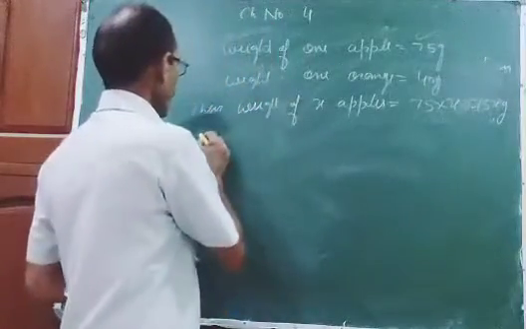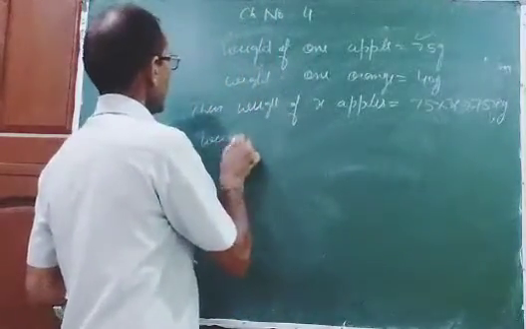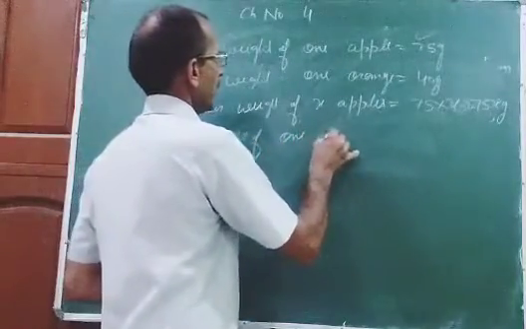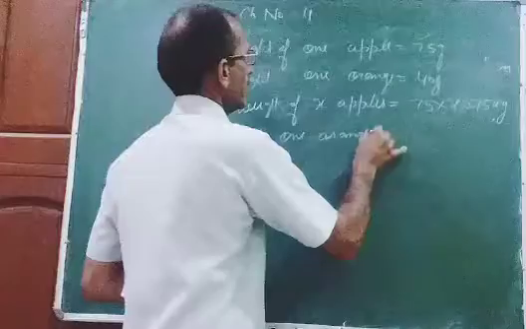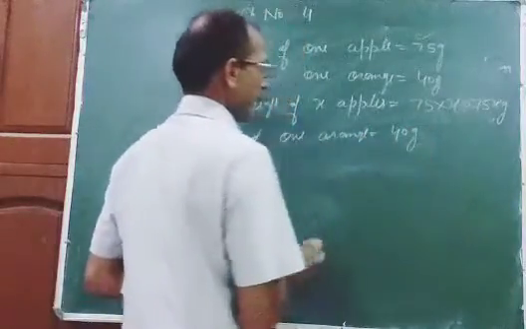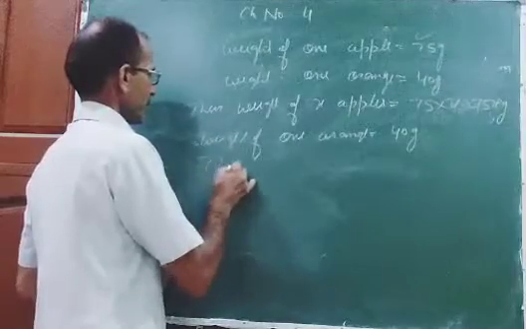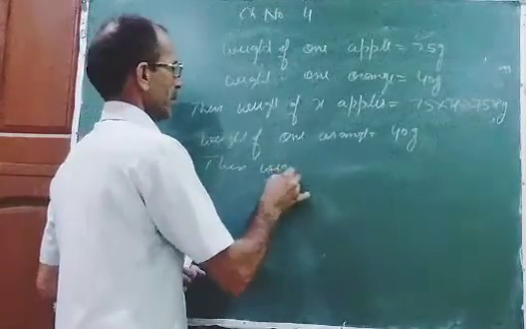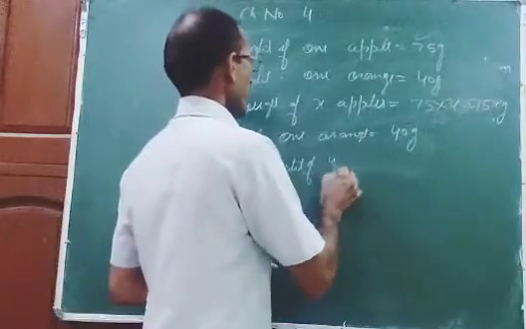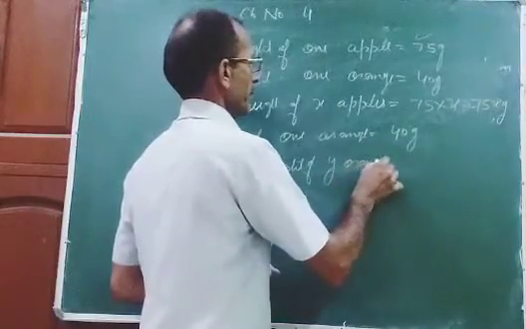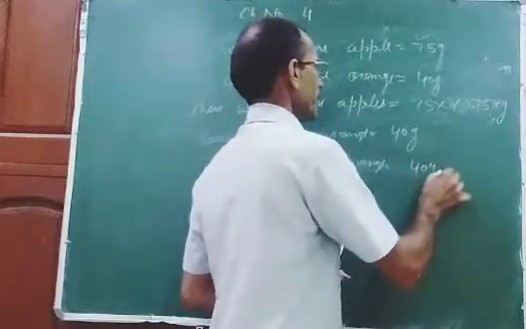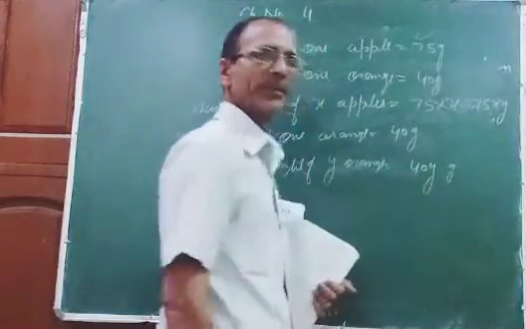Now the weight of one orange is 40 grams. Then the weight of y oranges is 40y grams.